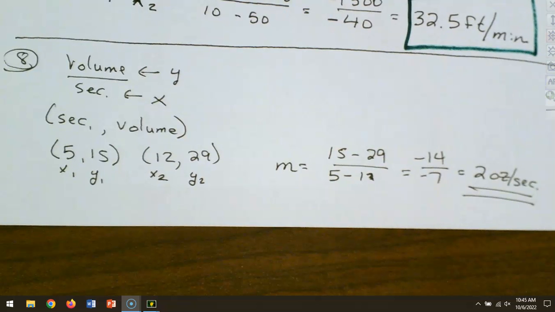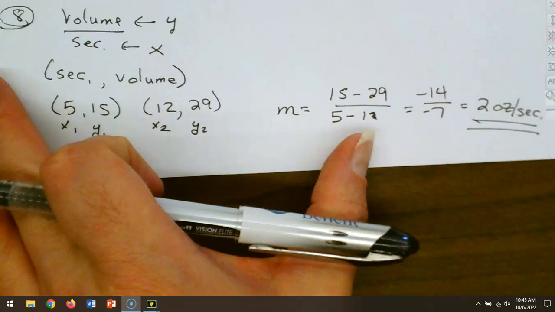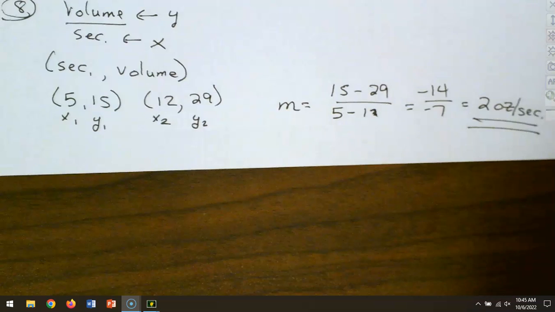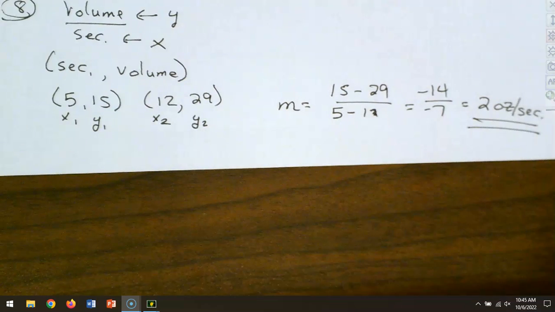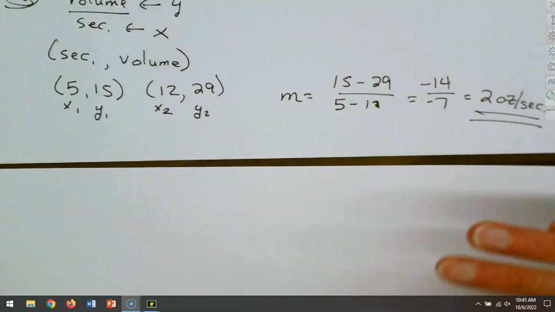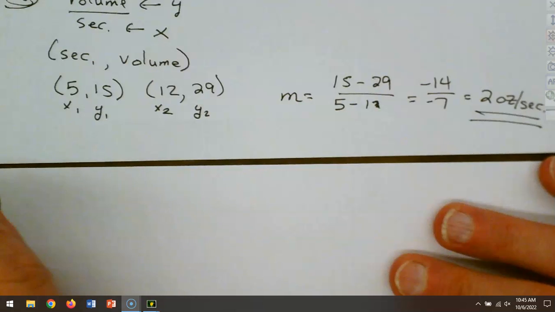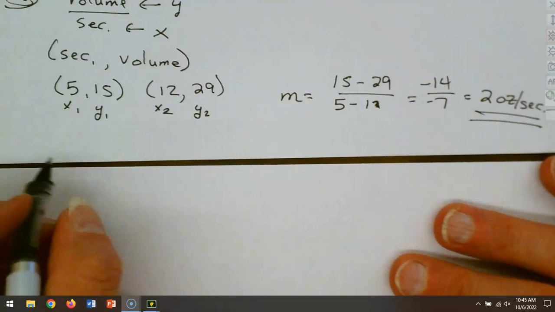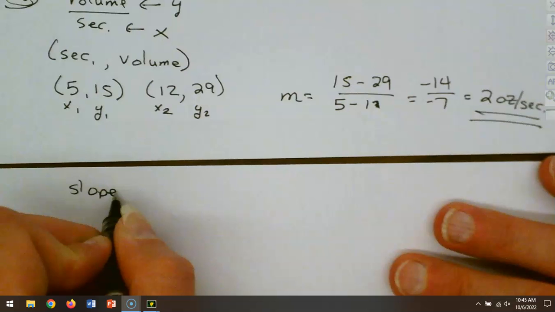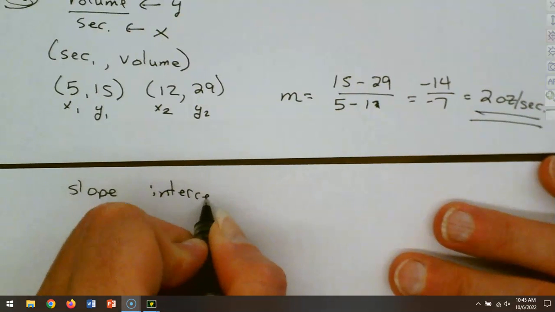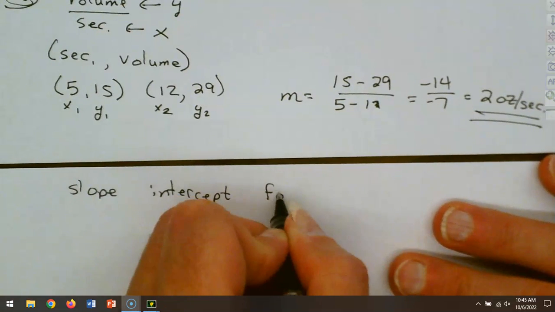We do have a little bit more to cover, and we're going to quickly remember how to graph lines. Okay, so it won't take long to finish up this section. So we're going to find the slope and graph, and we need to remember our slope-intercept form.